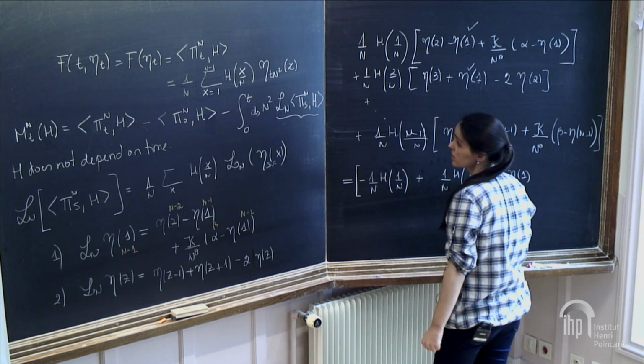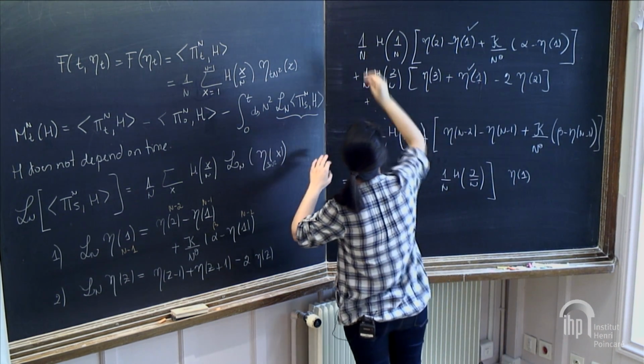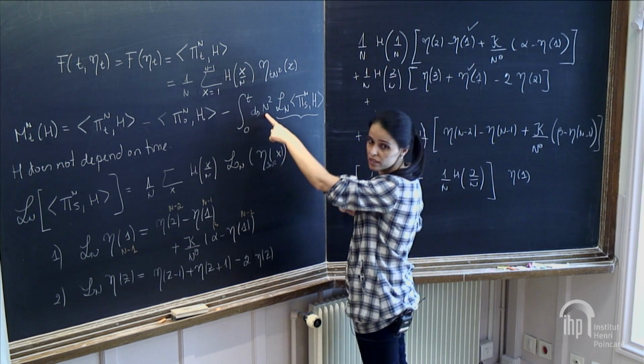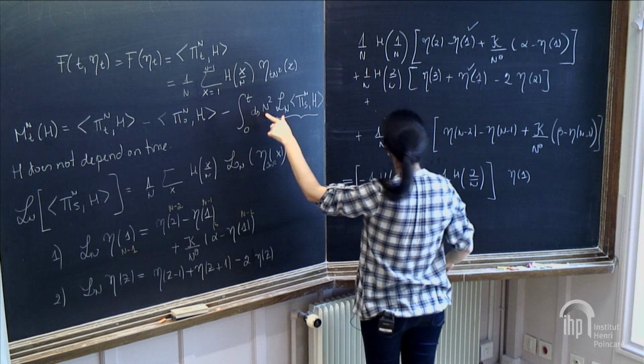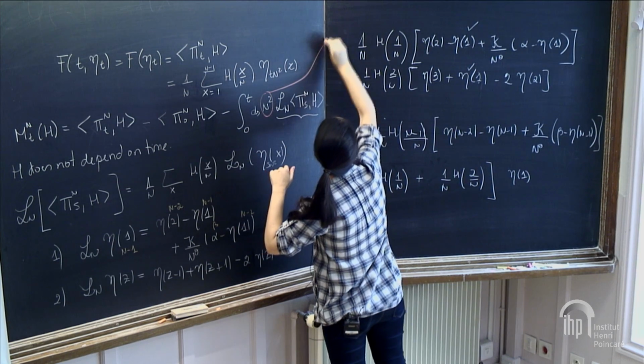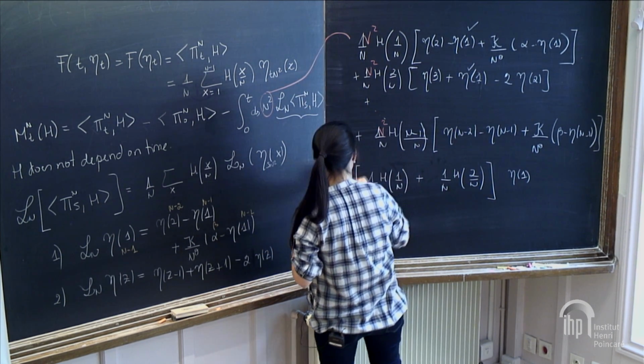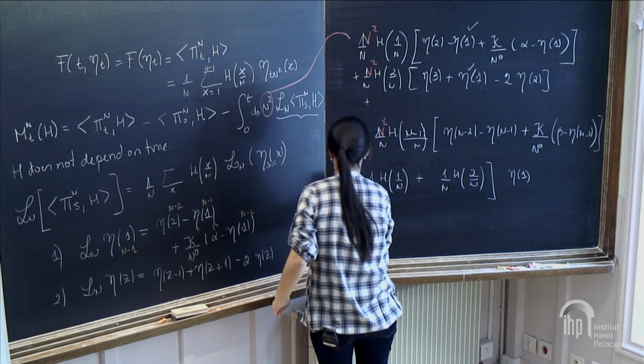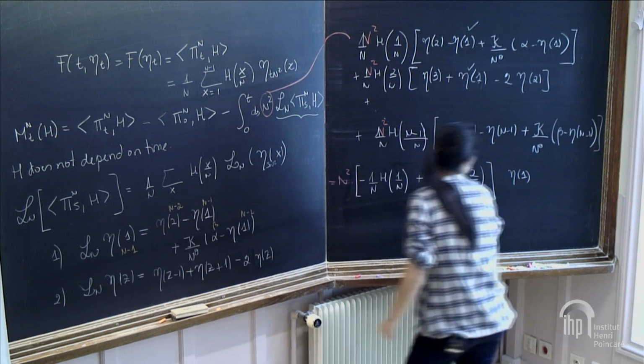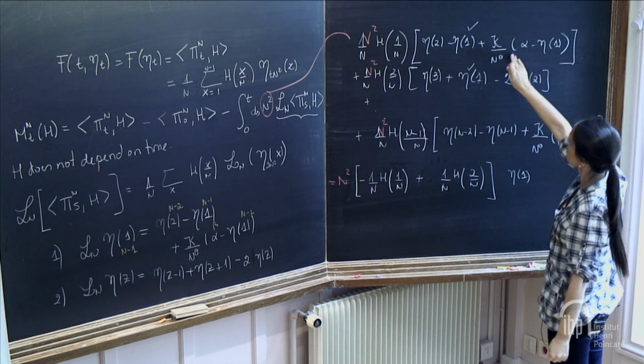So I have these. I'm forgetting the n square. So there is an n square. You see this n square? I forgot to put it, so I have to put it here. An n square, and there is an n square. And now, okay, these ones I will put at the end.